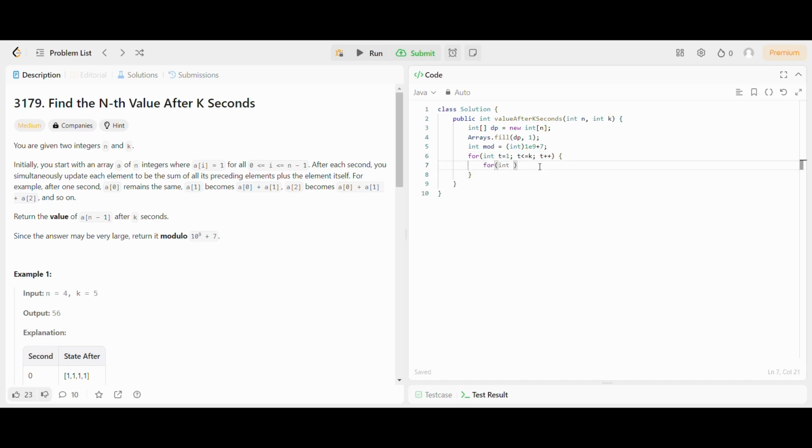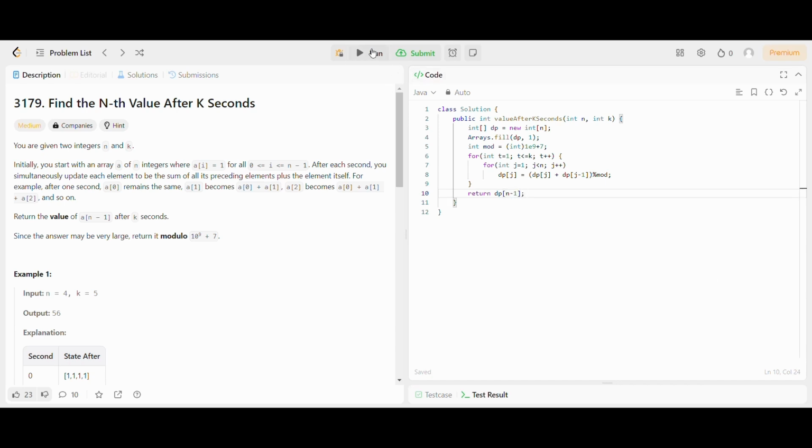Then I will run a for loop from index j equal to 1, j less than n, j plus plus. So the value at index j will be dp of j, that is the old value or the value after t minus 1 second, plus dp of j minus 1. So this is the value at index j minus 1 after tth second. So at the end, I'll return the value stored at dp of n minus 1.